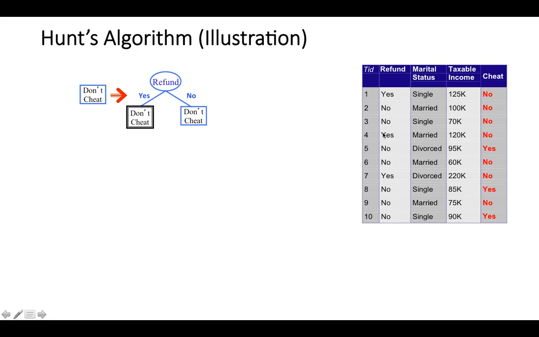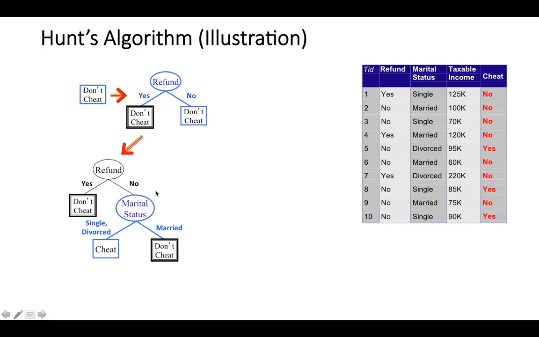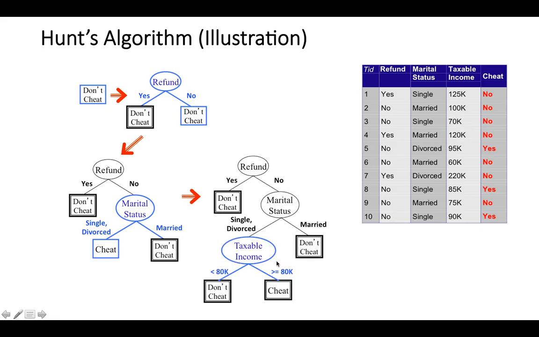So you go ahead and divide the tree based on marital status, let's say. If the marital status is married, you just have Don't Cheat as the only class label, so that's a leaf node. If the marital status is single or divorced, it's cheat, so you split the tree again based on taxable income, and then you end up with leaf nodes.